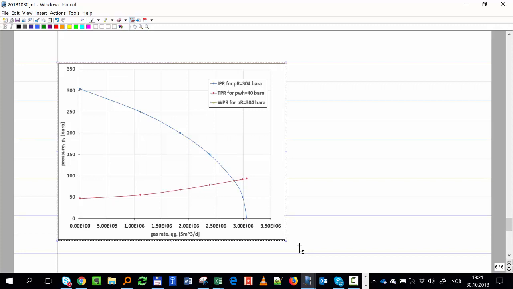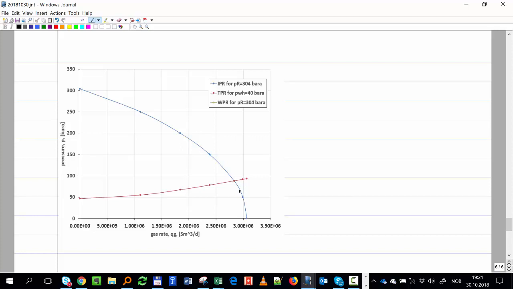So the intersection should move where, to the right or to the left? To the right, to get a larger flow. A larger tubing doesn't affect the static height. It will be the same length, the same difference in height. But now my curve will do something like this. So this is phi1 bigger than phi.